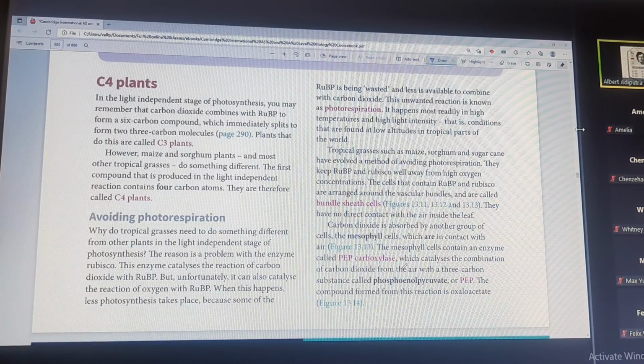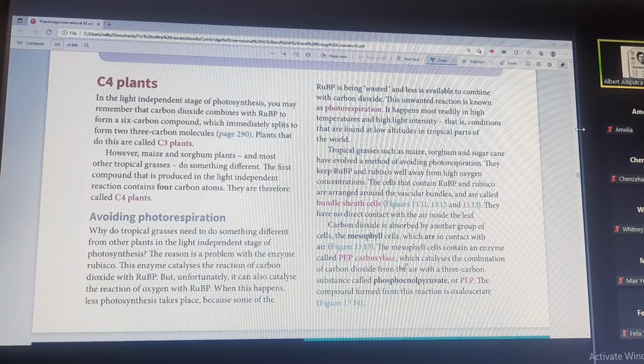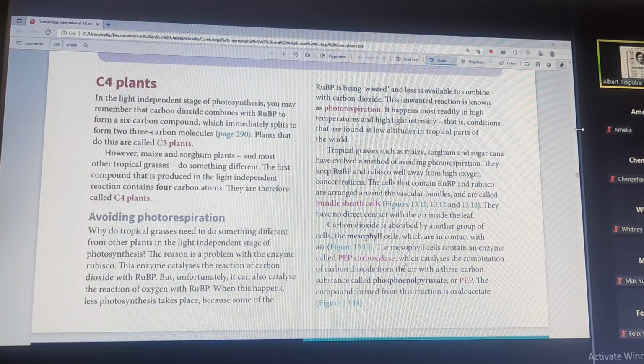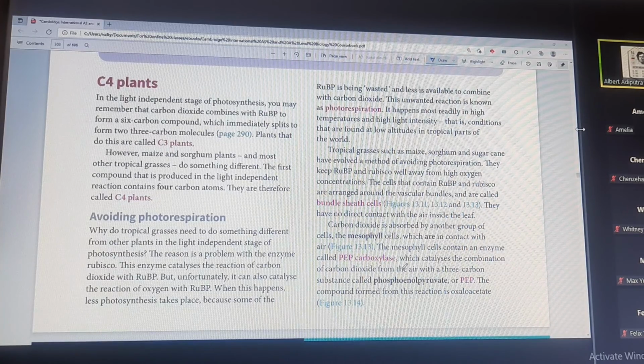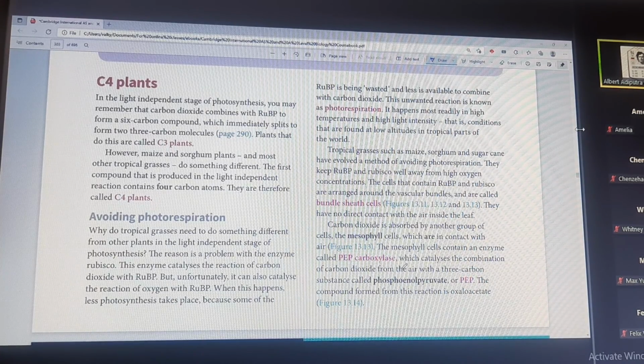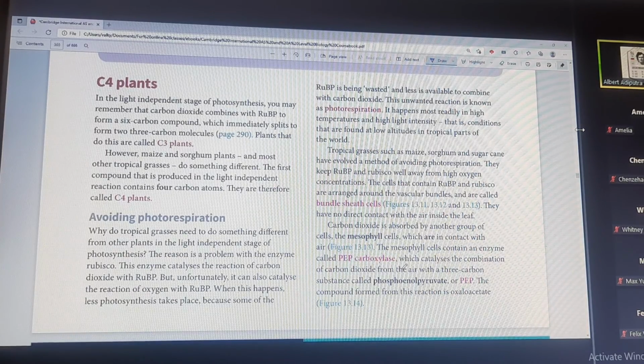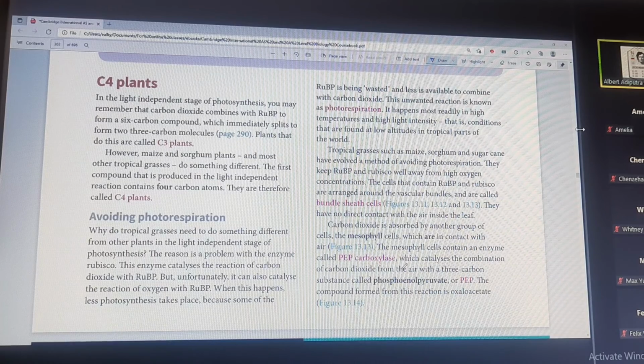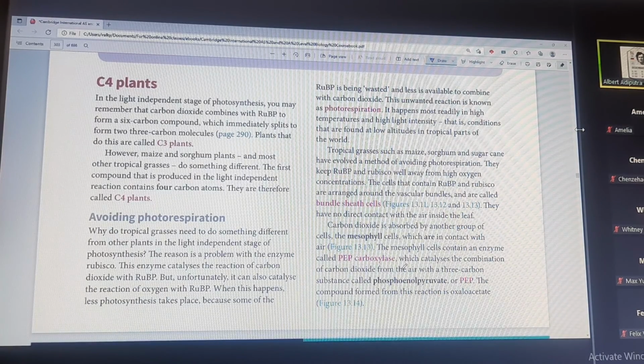All right, the next section is about a different kind of plants called the C4 plants. The usual plants that we learned for photosynthesis before are called the C3 plants. Here, we're going to learn about the metabolism of C4 plants. The simple difference between C3 and C4 plants is their habitats.